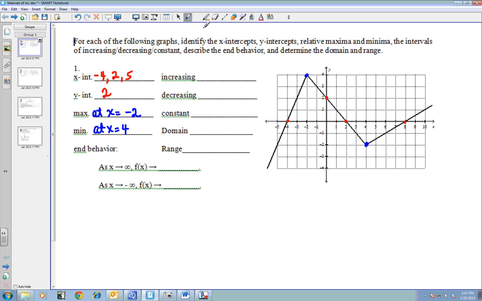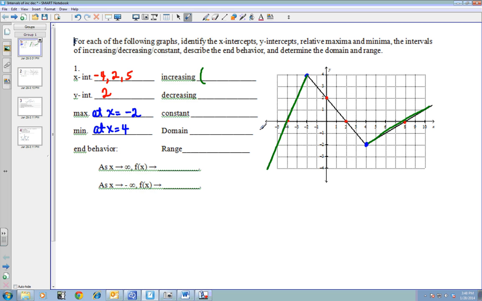Okay, now we want to write where this function is increasing or decreasing. All right, so let's do increasing first. So it's going to be increasing where it has a positive slope, okay, or where my graph is rising from left to right. So do you see it's rising right here? It has a positive slope, and also right here. Well, when we write where it's increasing, we're going to write it in interval notation, so it's going to be in parentheses.